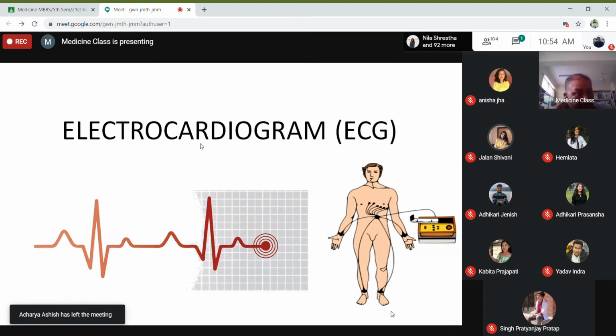This is actually an electrical activity that occurs in our heart, which we record with the help of a machine. It prints a trace of electrical activity on paper, and the process is called electrocardiography, and the trace is the electrocardiogram.